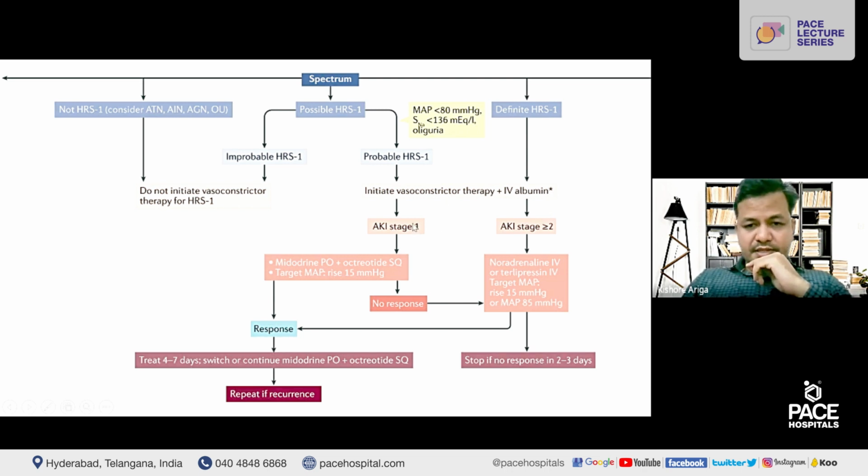In the initial stages, the further treatment can be tailored to each hospital, because this article is from the US. They have used midodrine plus octreotide. Here, based on our experience, comfort and cost effectiveness, we can use noradrenaline or terlipressin to target a mean arterial pressure rise of 15 millimeters of mercury. And if a response is not seen in 3 to 4 days, we can stop the treatment.